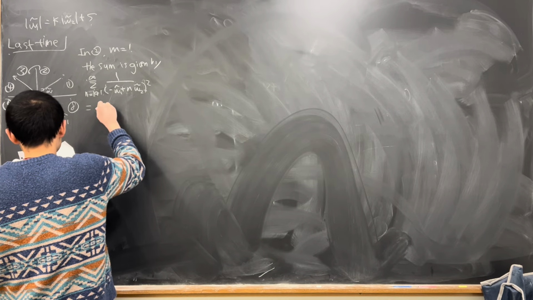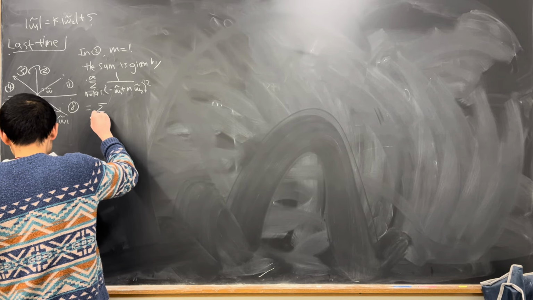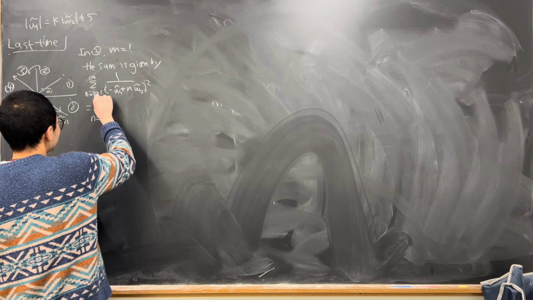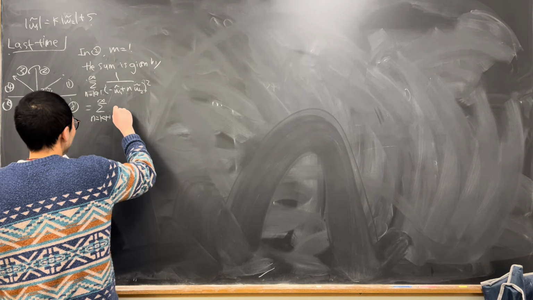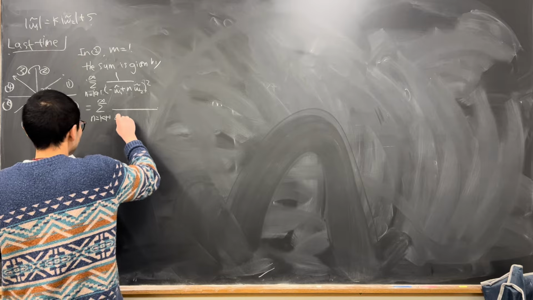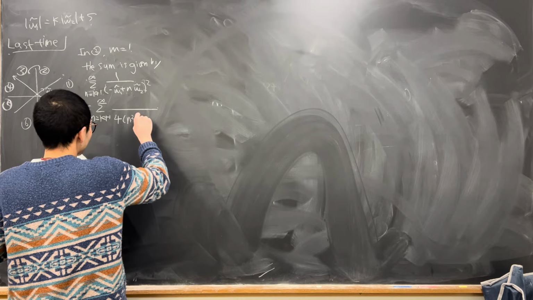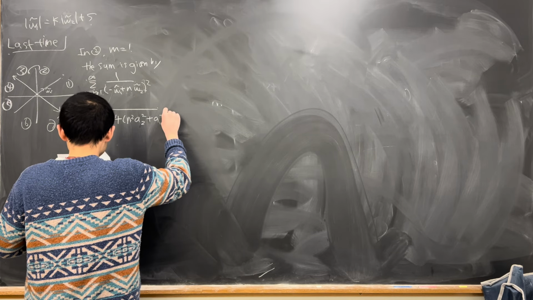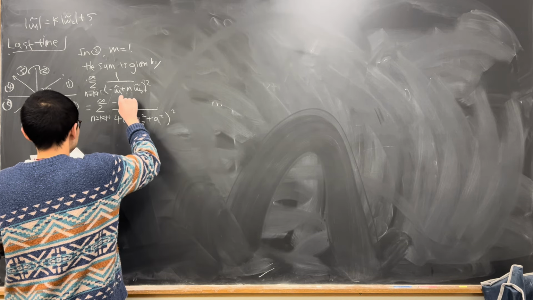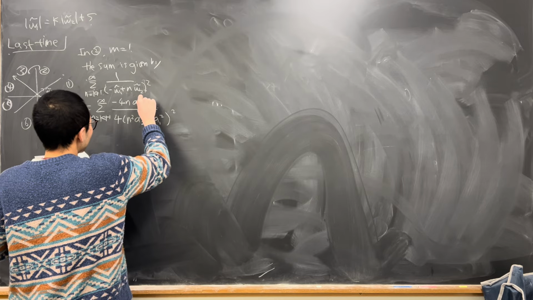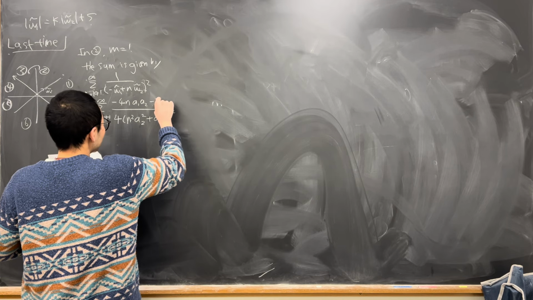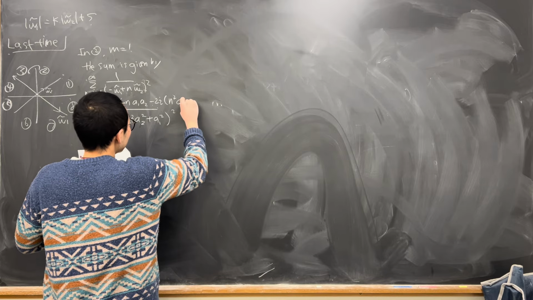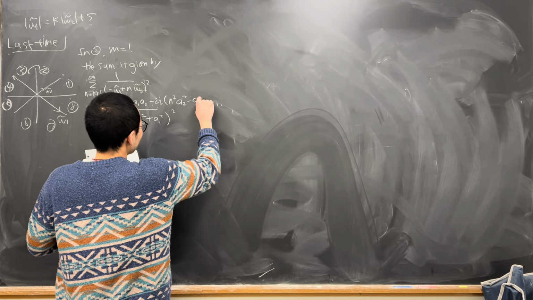So this is equal to the summation n from k plus 1 to infinity of 4 n squared a2 squared plus a1 squared, and then this is negative 4 n a1 a2 minus 2i n squared a2 squared minus a1 squared.